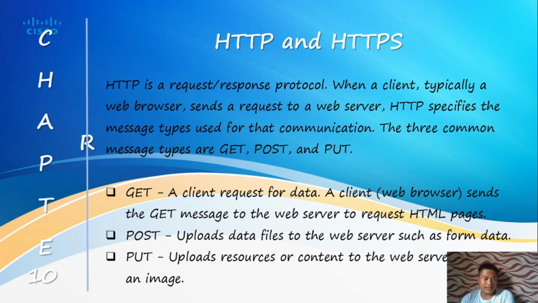What is get? Get is a client request for data. A client sends the get message to the web server to request HTML pages. Next is post. Post uploads data files to the web server, such as form data. Put uploads resources or content to the web server, such as an image.